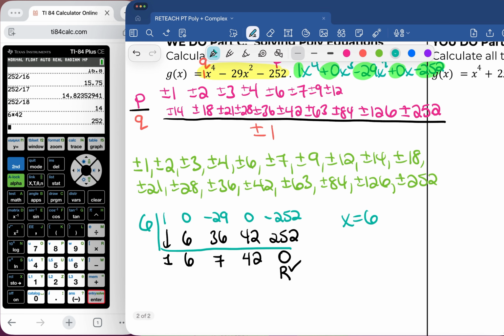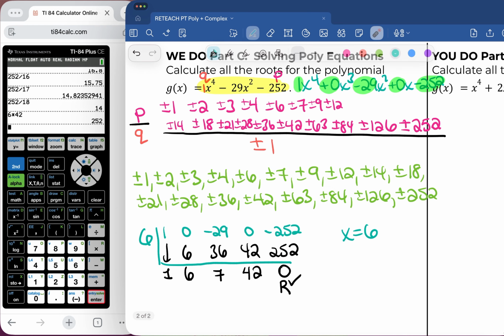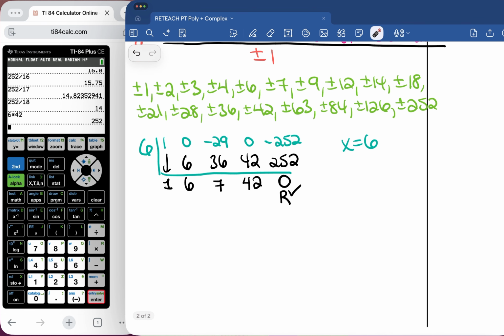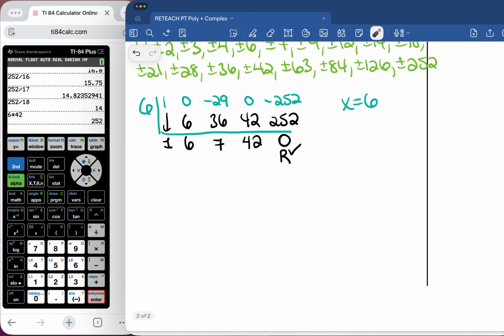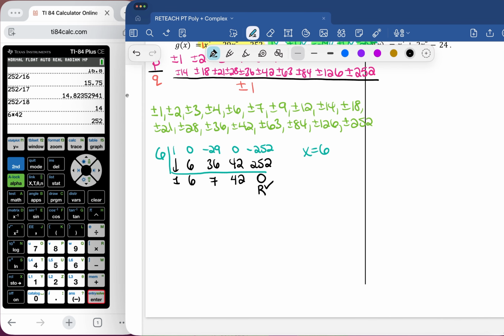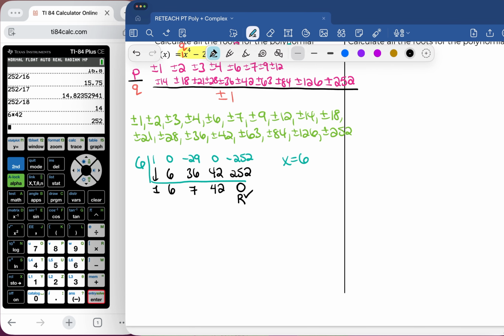Now, don't forget that we should know how many zeros we have from this degree. So we should have 4 different x-intercepts. We only saw 2, so that's a pretty good hint of what some of those final answers are going to be. From here, you're going to rewrite your polynomial, because we had a degree 4 originally and we just took out one x.